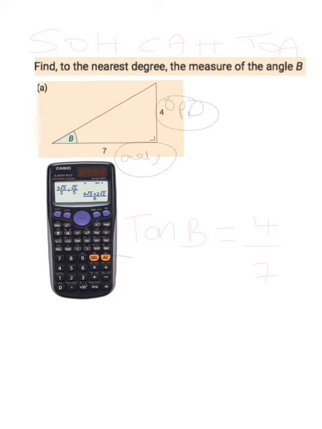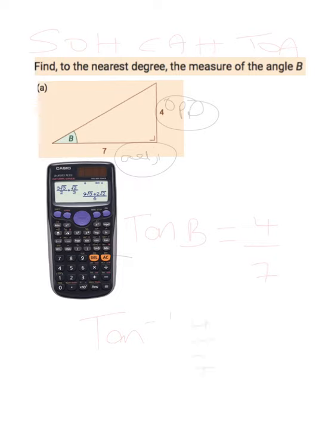So now we're looking for a value of B when they give you the ratio in fraction form. So we know when they give it to us in fraction form or in a decimal, you must use inverse tan. So that would be inverse tan of 4 all over 7.